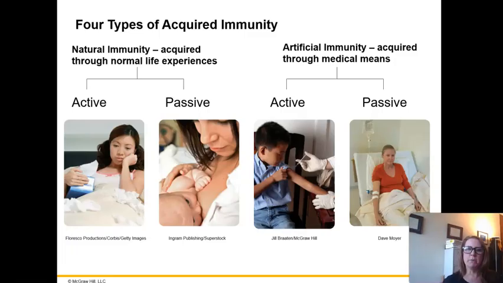So people were giving blood or essentially convalescent donations of blood so that they could give those antibodies in that blood to people who were severely sick. Okay, so that's an example of passive artificial immunity.